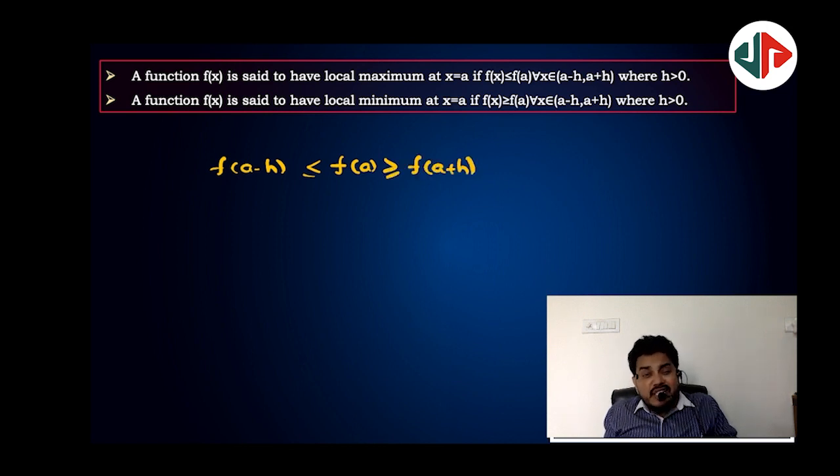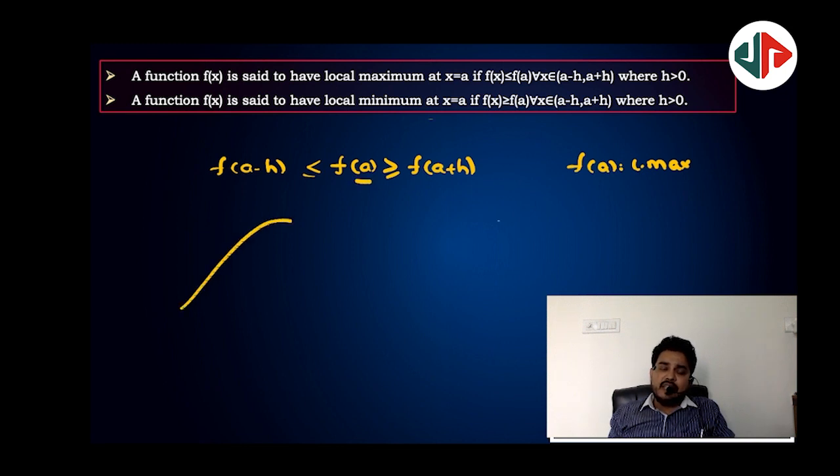So whether the function is continuous, discontinuous, etc., if this holds good, f of a is local maximum. Because in the neighborhood of a, this is negative. So let me take this one function. a is here, a minus h, a plus h will be here.